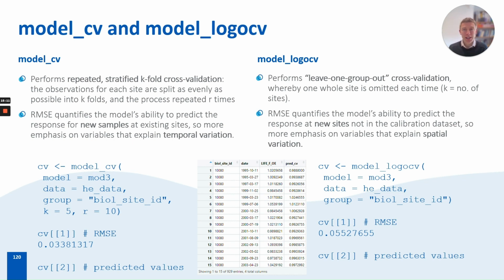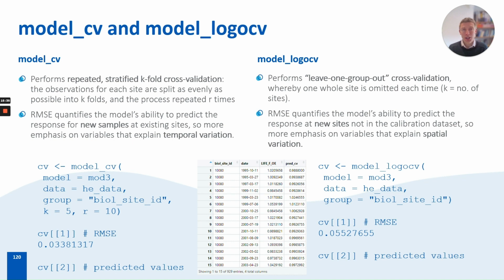Model CV implements the repeated stratified k-fold cross-validation approach. This means that we take our full data set with observations across multiple monitoring sites or locations, and the observations for each site are split as evenly as possible into k folds.